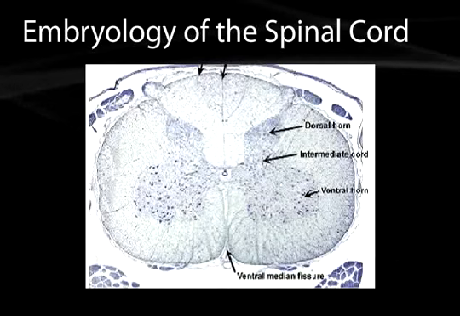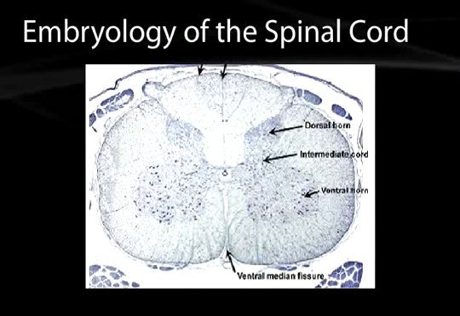All right, let's look at the gray matter of the spinal cord. What you'll see in this figure is that there is a butterfly of gray matter within the center of the spinal cord. That butterfly is full of cells. So when we say gray matter, that means neurons. If we say white matter, that means axons.